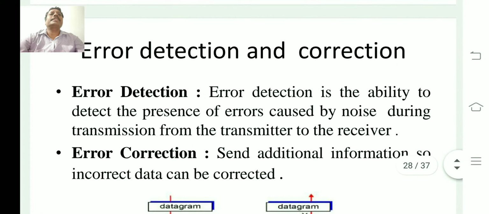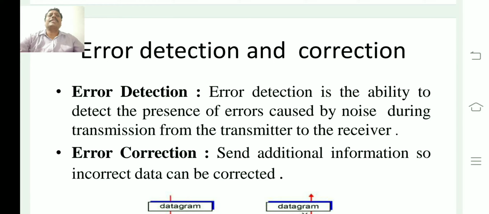Then error detection and correction. Before we can correct an error, we need to detect it. Once we detect an error, we can easily correct it. Error detection is the ability to detect the presence of errors caused by noise during transmission from the transmitter to the receiver.